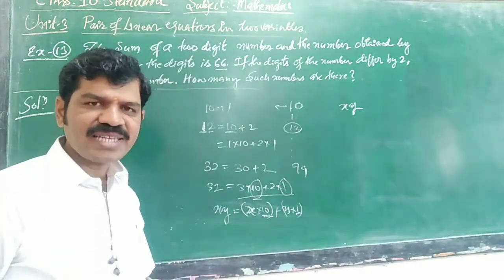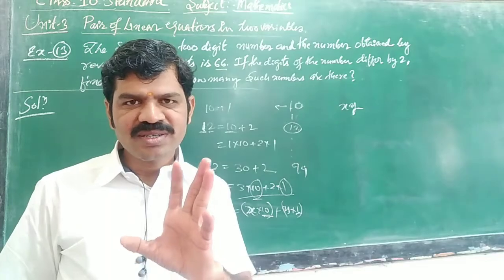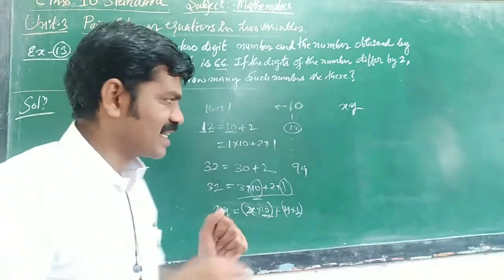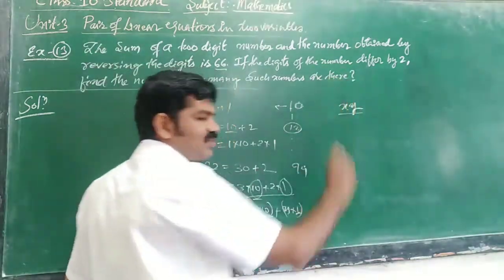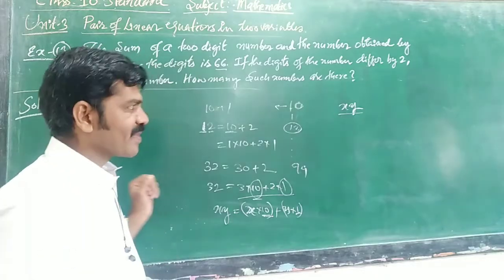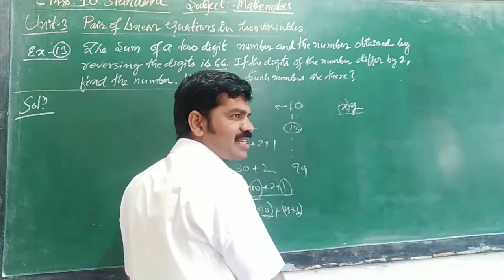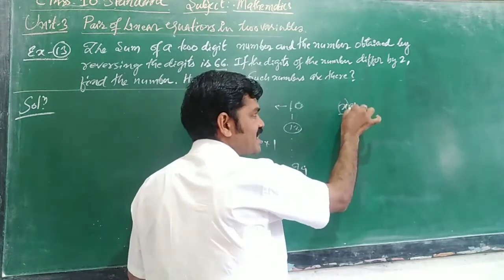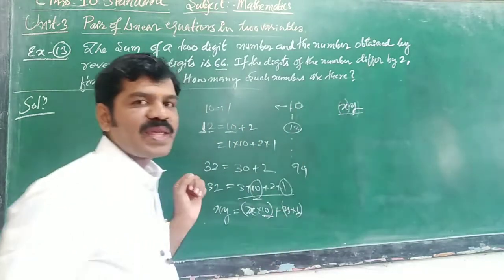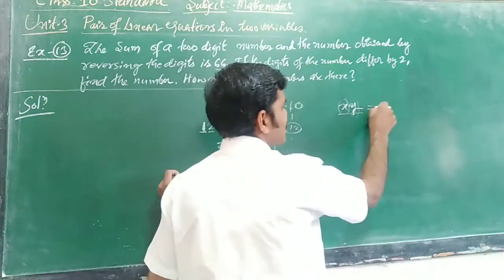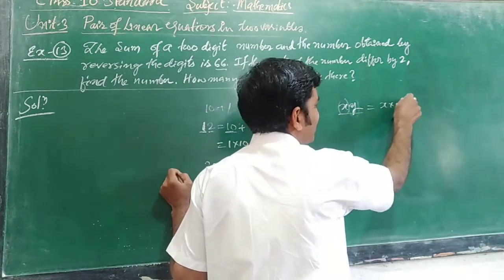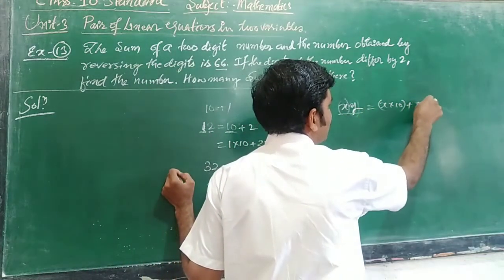If we recall that, then answering the question will be easy. For example, if I write xy, see, this x is in the tens place and y is in the unit place. I write x multiplied by 10 plus y multiplied by 1.